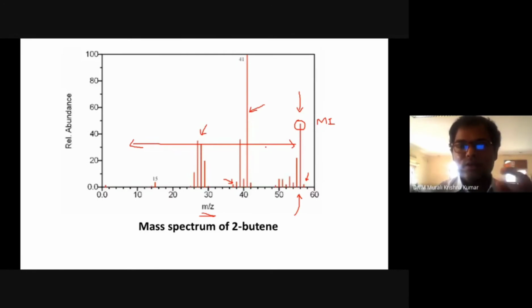During energy redistribution, the molecule may get disconnected, or we call it fragmented, and the corresponding ions are also generated. These we call daughter ions. How this is happening, what is the science behind it, and what are the various principles that govern this kind of fragmentation is what we will see today.